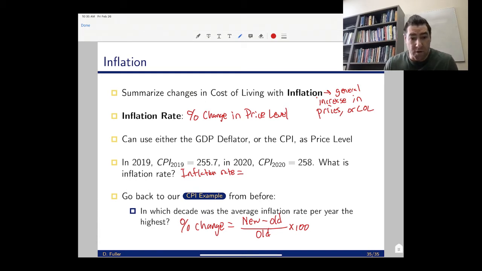So the inflation rate, the new value is 258. The old value was 255.7, divided by the old value, and I multiply by 100. So what do we get for the inflation rate?